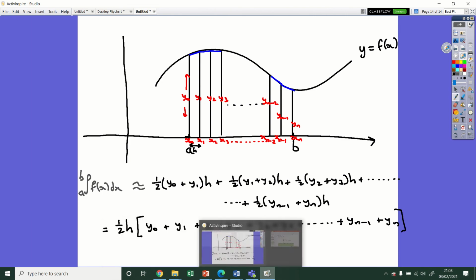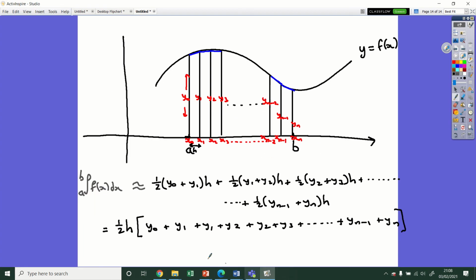Hopefully we can now notice that all of the terms in the middle are duplicates, which means that we can put them together and take out a factor of 2. So we've now got half h, and then it's the first y value, and then all of the middle ones are doubled up. So it's 2 times the sum of the middle ones plus yn minus 1, close bracket, and then plus the last one.